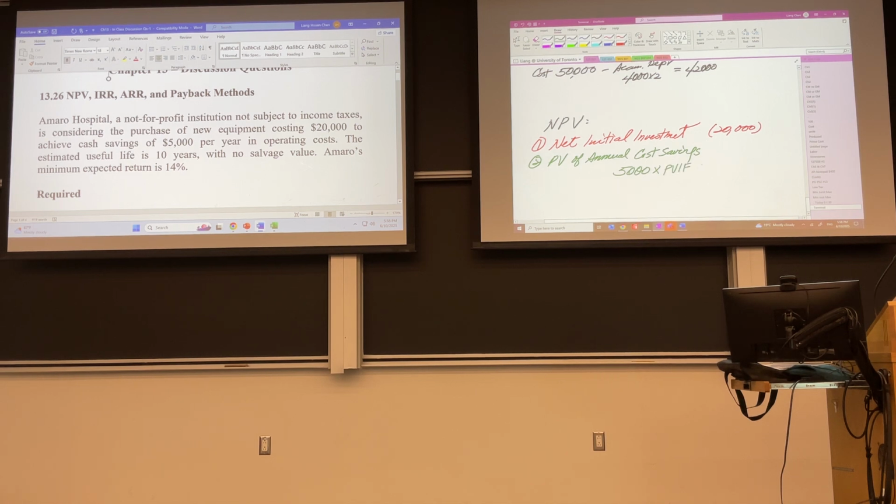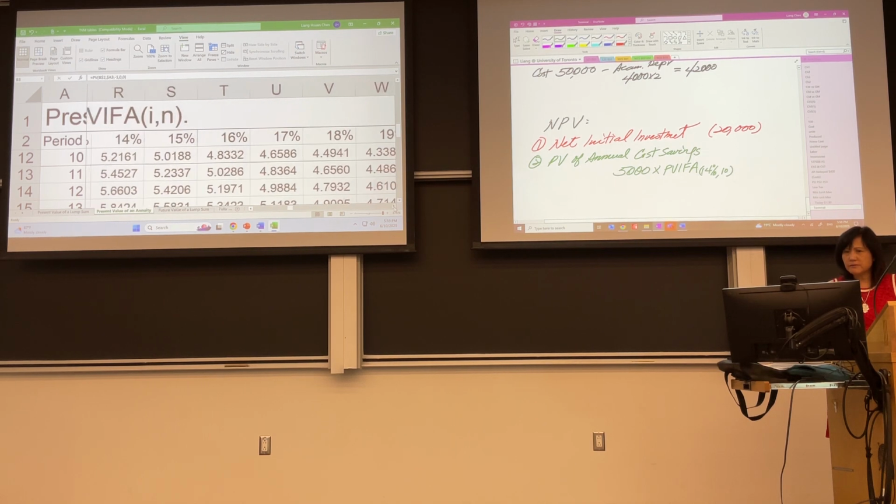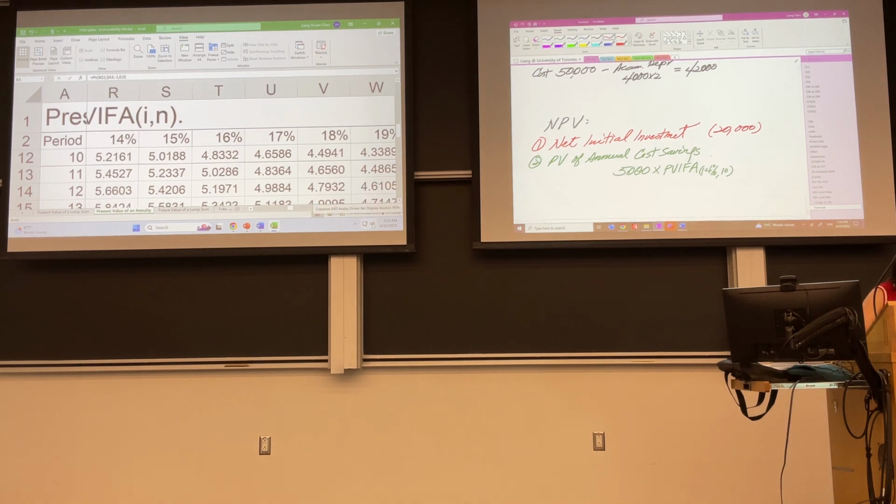Present value interest factor, annuity, 14%, 10 periods. So I go over here, annuity, 14%, 10 periods. So I go over here, 14%, 5.2161. So annual benefit is 26,080.